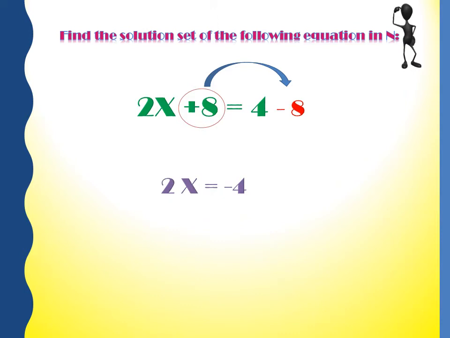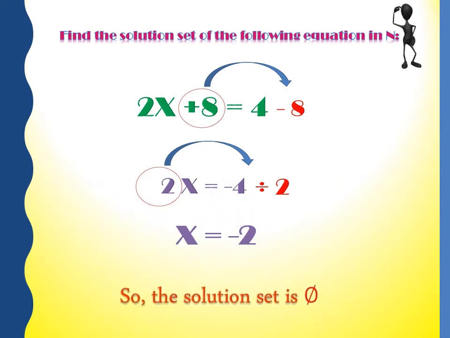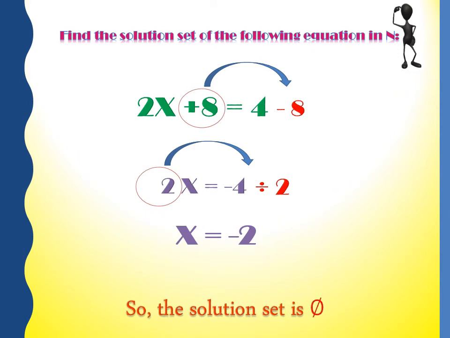After that, get rid of this 2. Throw it to the other side by dividing, the opposite operation. Then x equals negative 2. Here, the solution set in the set of natural numbers is the empty set, because the set of natural numbers has no negative integers.